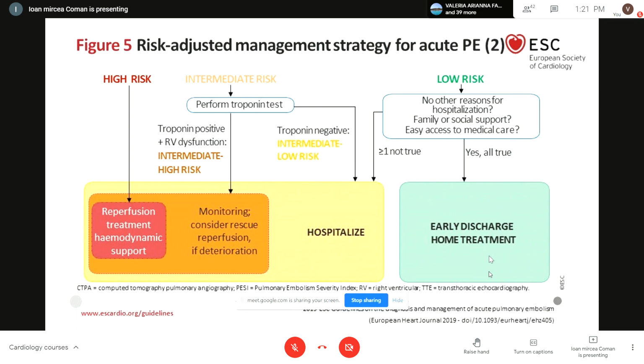Thrombolytic therapy has a chance of dissolving the clots and, of course, liberating the pulmonary vessels, which makes the overload of the right ventricle improve and the prognosis of the patient improve.